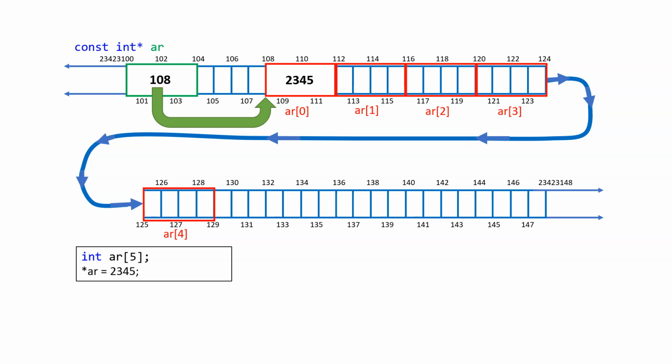That's why when you are passing an array to a function, you can either use array notation, which is essentially an array with no elements, which means only a pointer, right? Or you can just write a pointer. You can write integer pointer AR and then pass an array to it and treat it like an array.